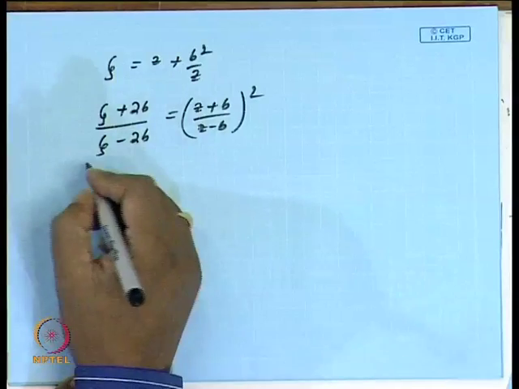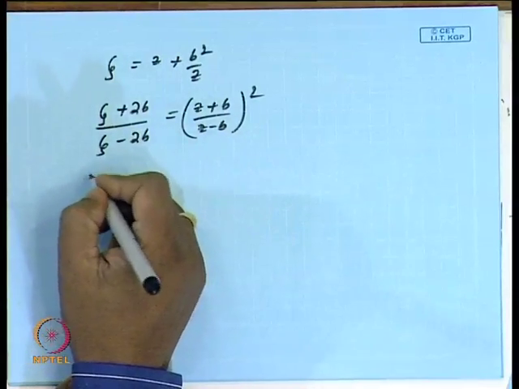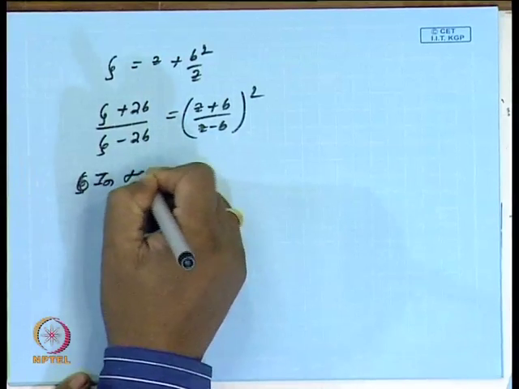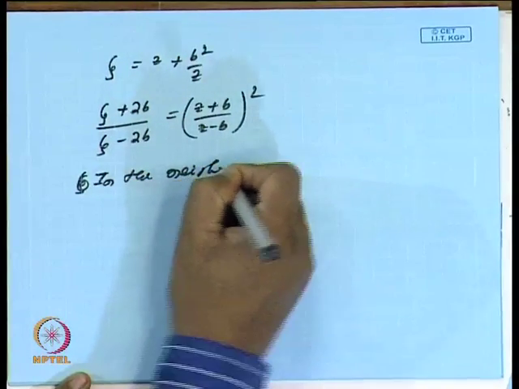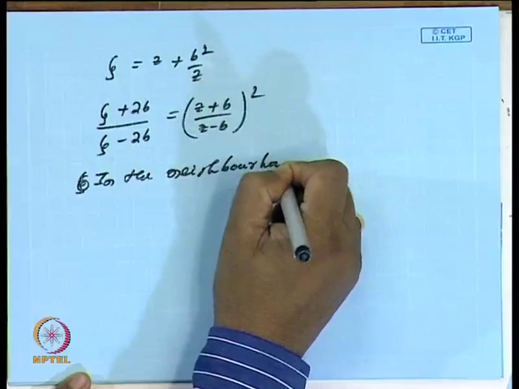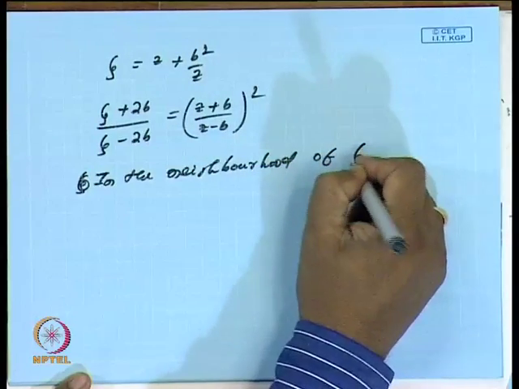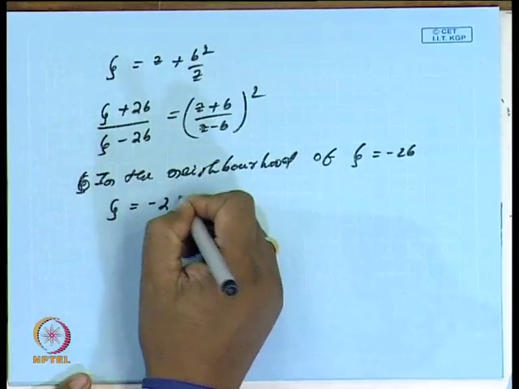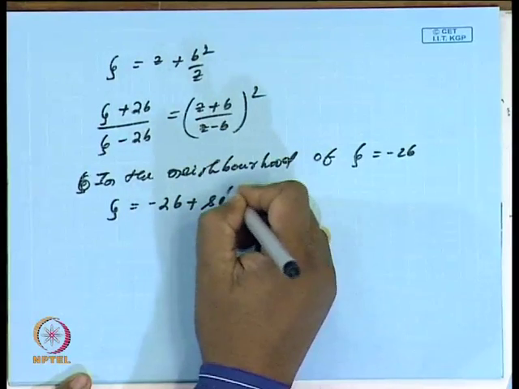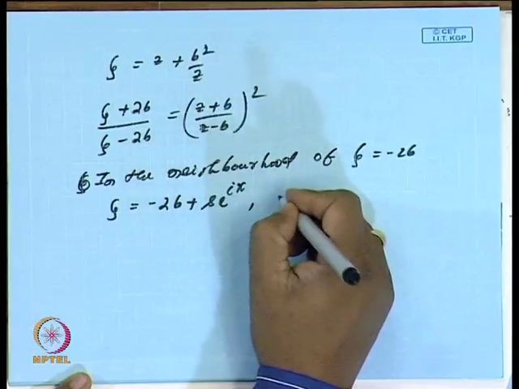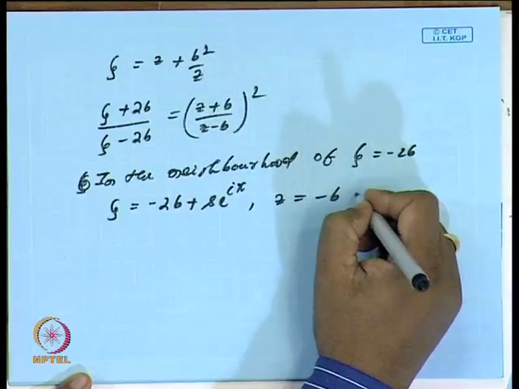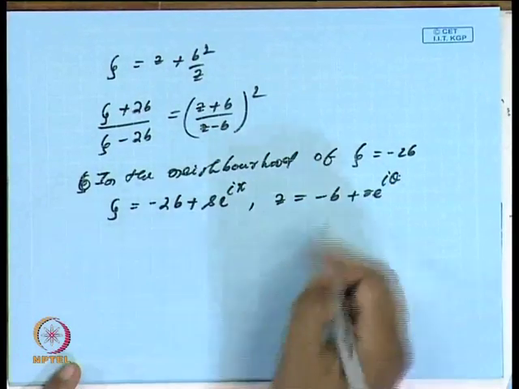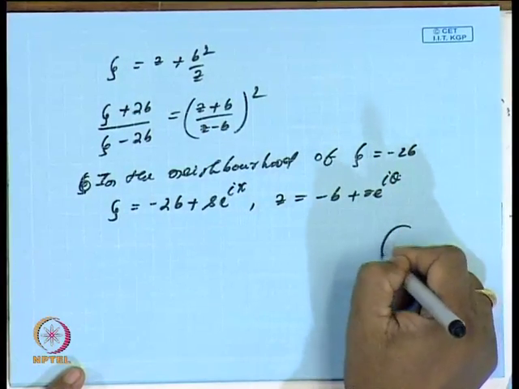Now, let me take any neighboring point of zeta in the neighborhood of zeta is minus 2b. Say zeta is minus 2b plus s e to the power i chi, and my z is minus b plus r e to the power i theta on the circle, that means I am considering a circle.